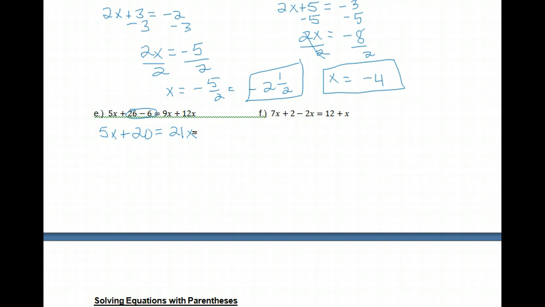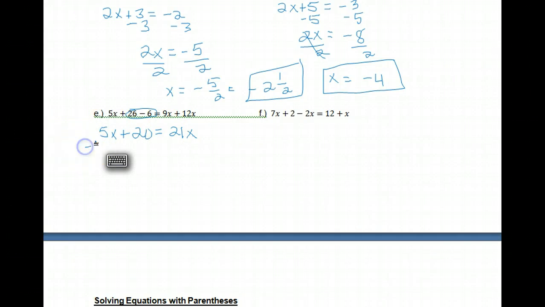The next thing we have now is the step where we would want to get our variables on the same side of the equation. So we want to go ahead and move the one that has the smaller value. You will also notice that the 21x is the more isolated of the x's, so it makes more sense to go ahead and move the 5x over there.